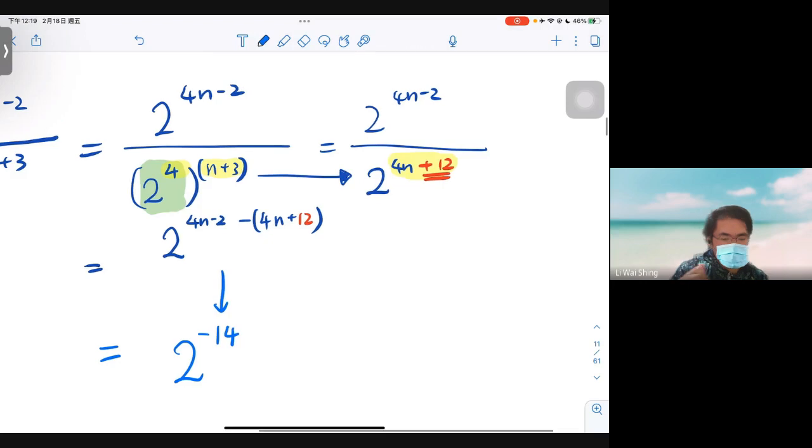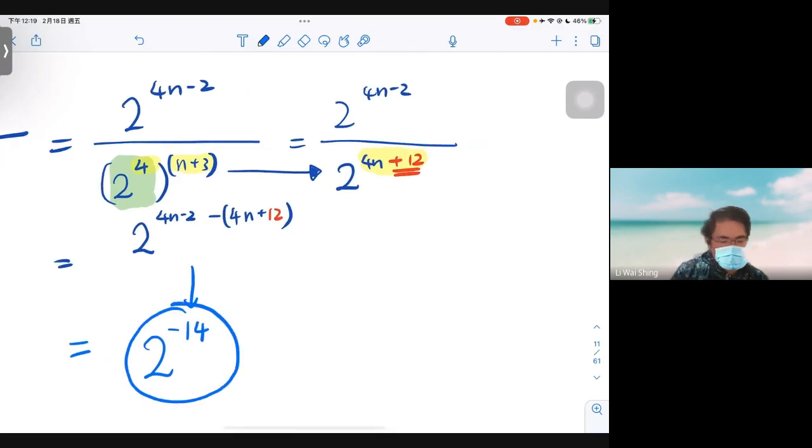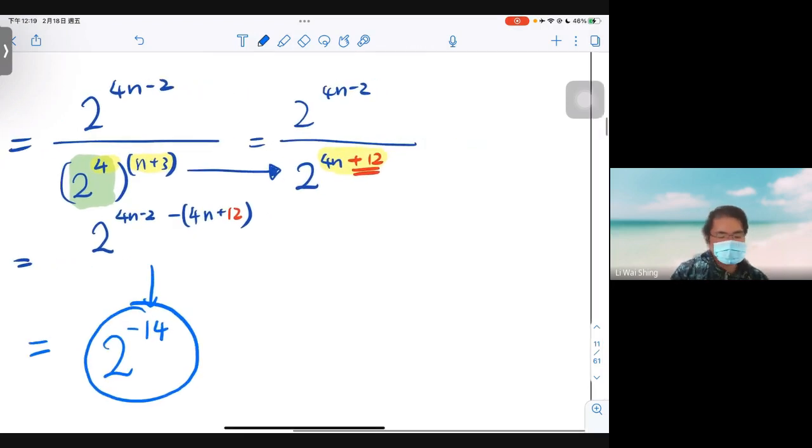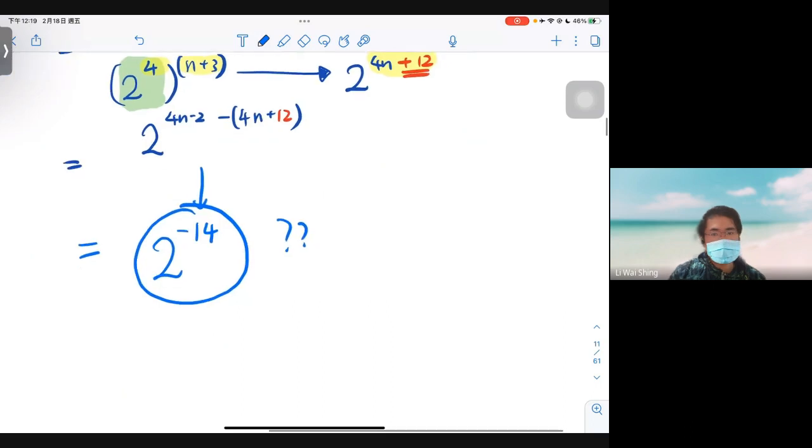However, there is something that I want to talk about here. Okay, when you get 2 to the power negative 14, what is this? You haven't learned negative index yet.